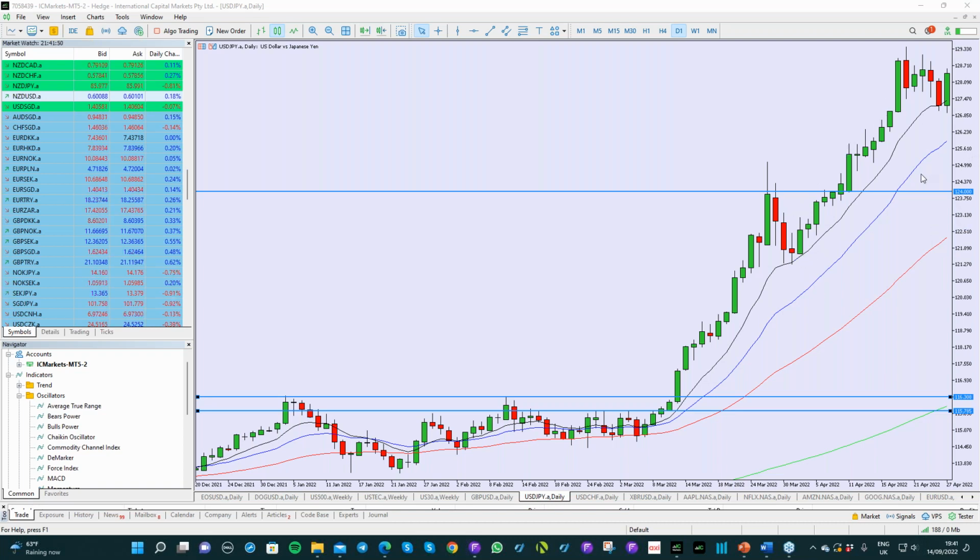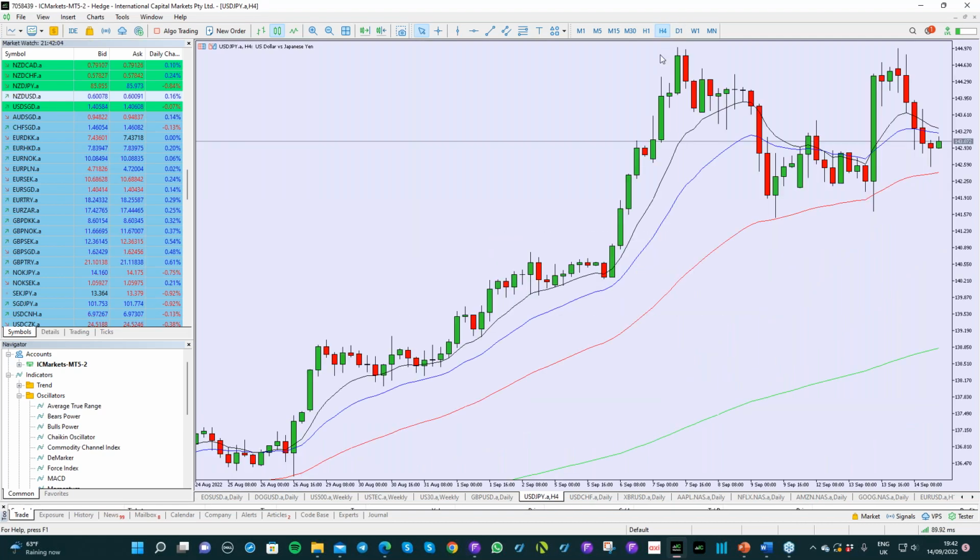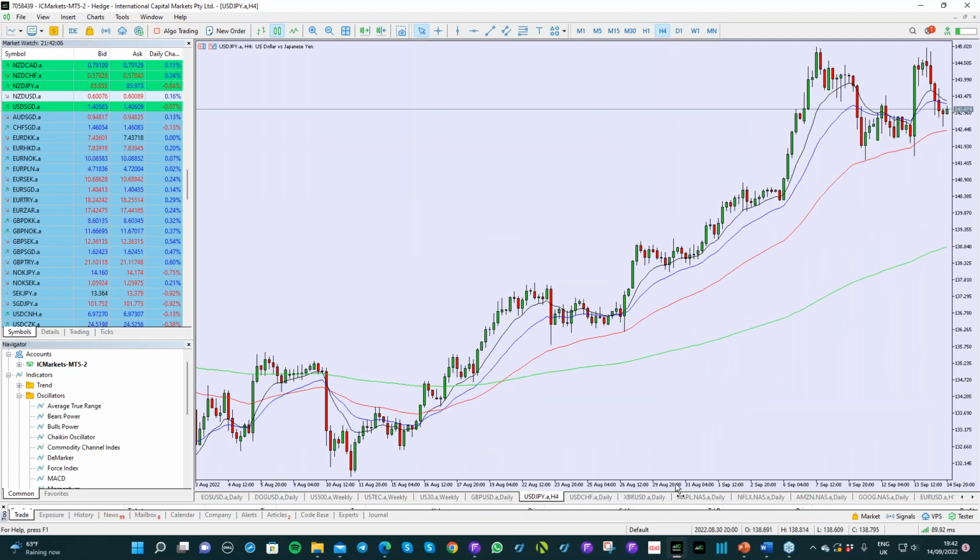However, why not go down to a lower time frame? So let's mark this in here. This is where the price really breaks out of this horizontal level. Let's try the 4 hourly for starters.